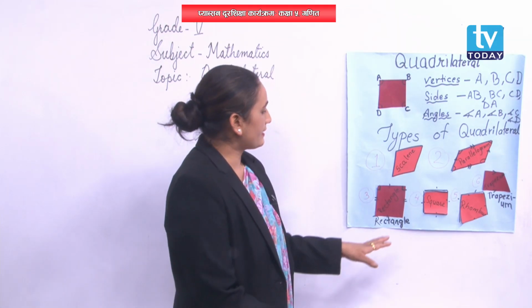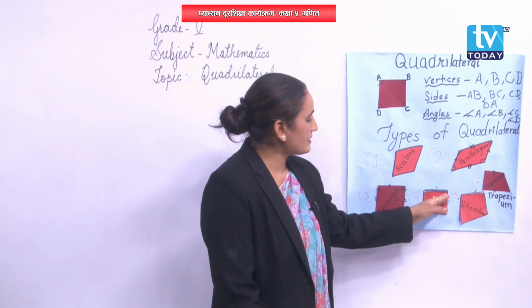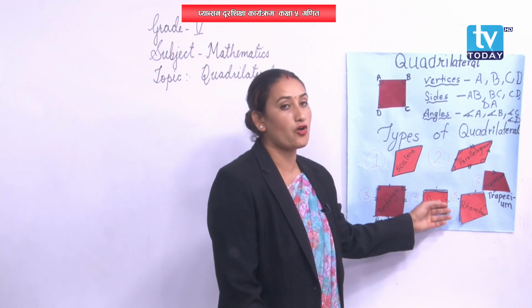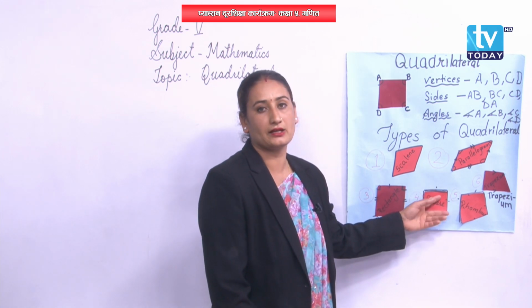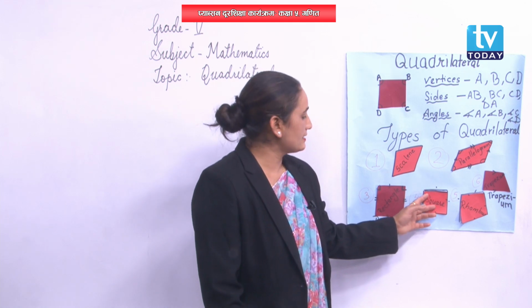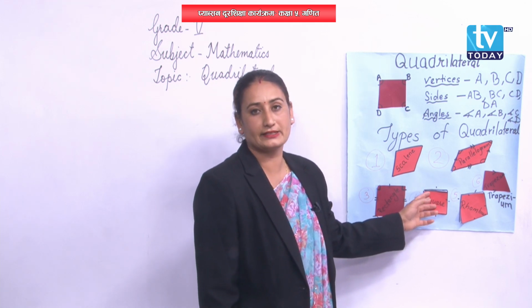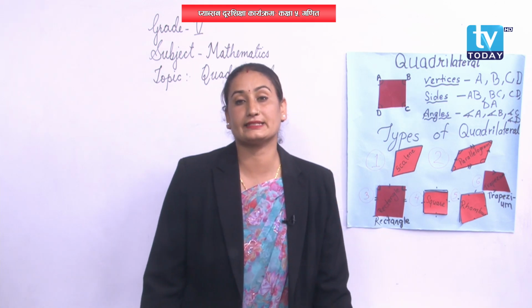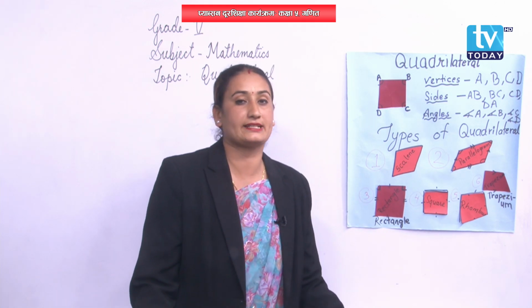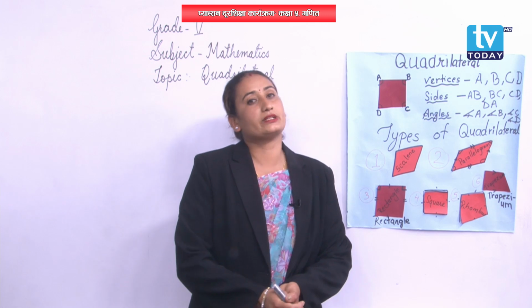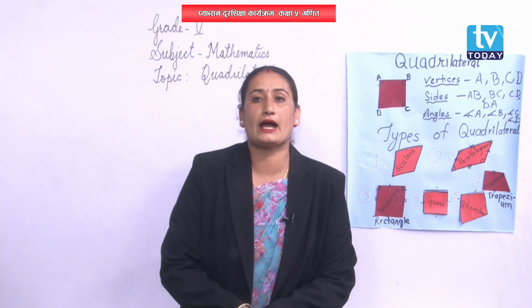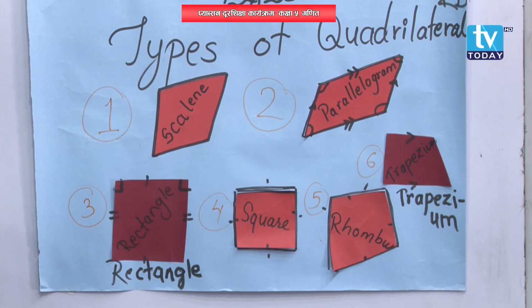In the square also, all the lines are formed in a straight line. Whenever two straight lines meet at a point, they form a right angle. We call it 90 degrees, right? So, this is known as the square quadrilateral. For the definition, we will write it a bit later, okay?